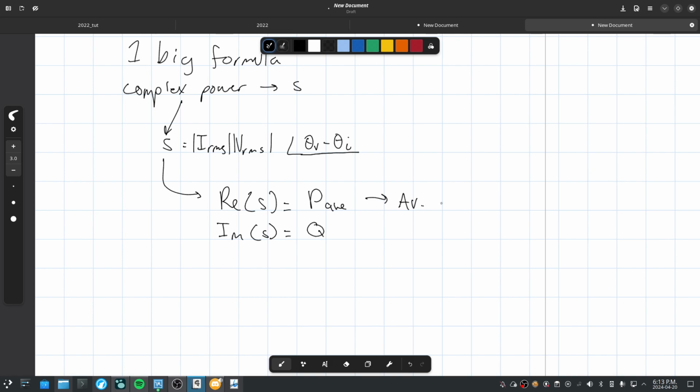This is average power. This is reactive power. And finally, the magnitude of S is the apparent power.